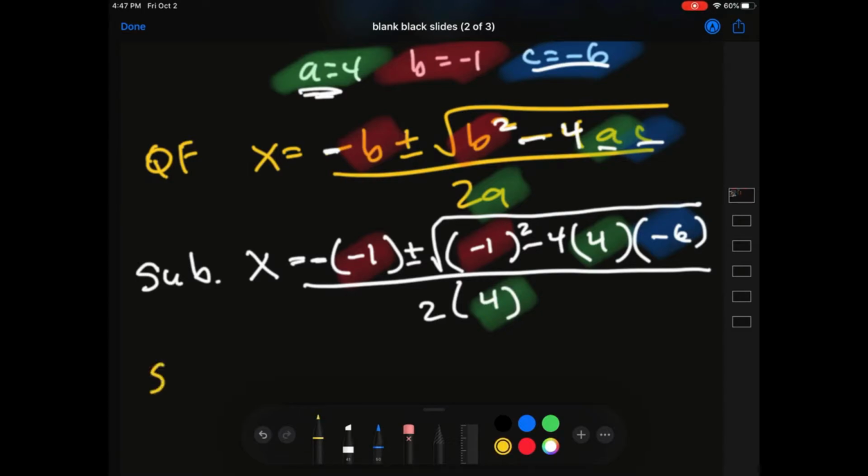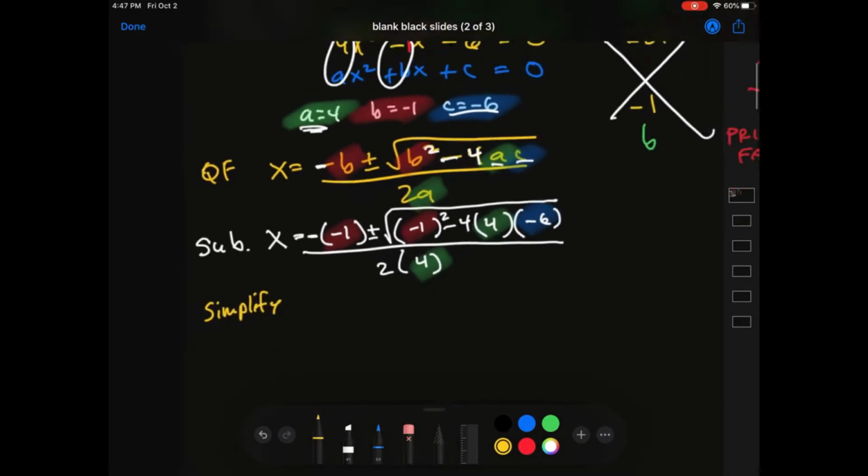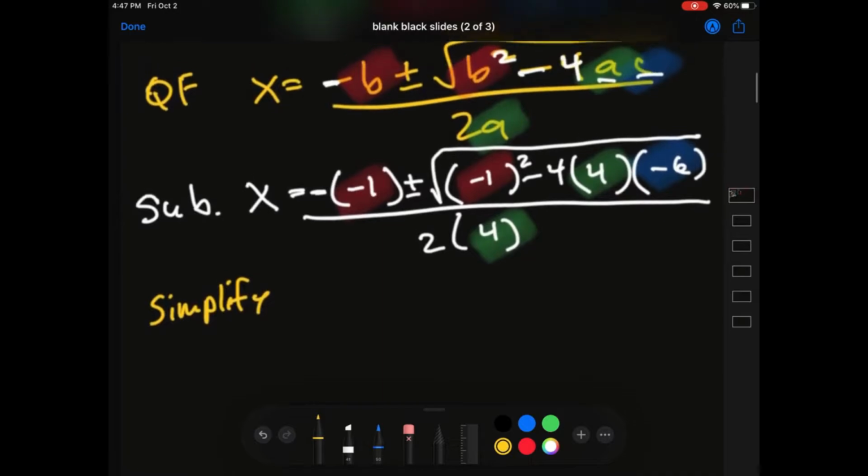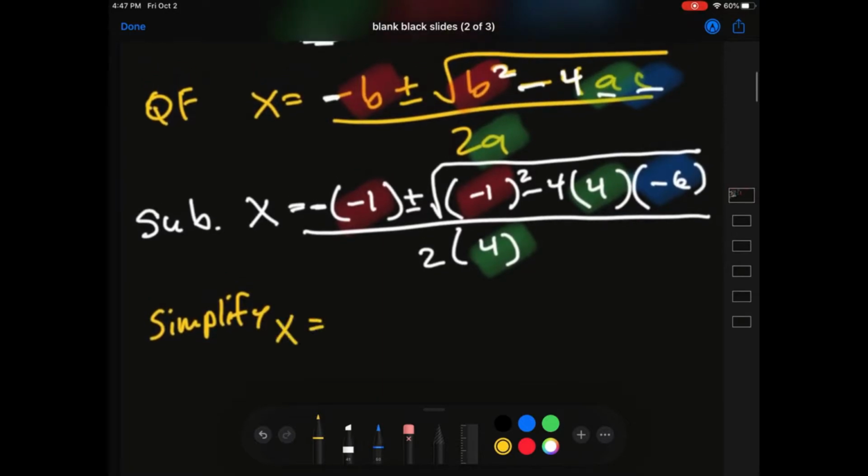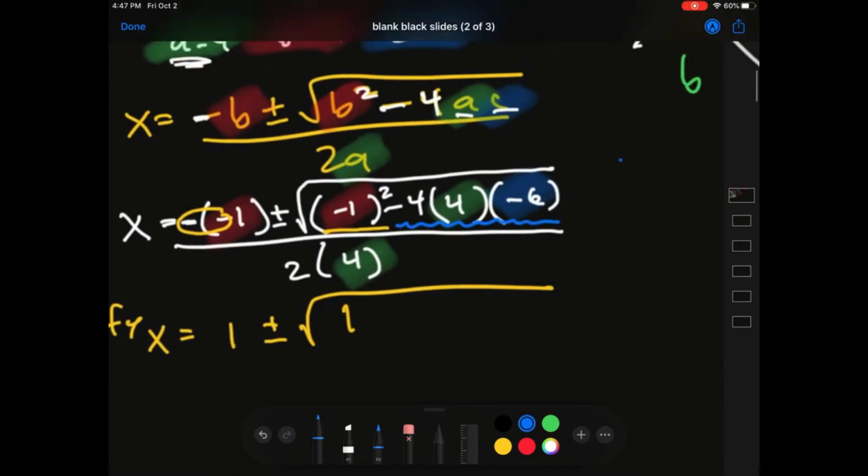Let us now simplify. This one will probably take us the longest. So I have x equals, the opposite of negative 1 is a positive 1, plus or minus, big square root, negative 1 squared is, negative 1 times negative 1 is positive 1. Remember it's PEMDAS.